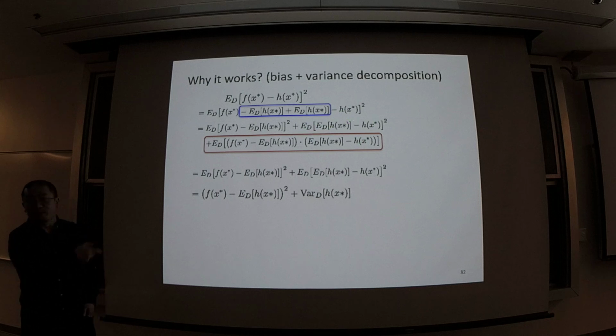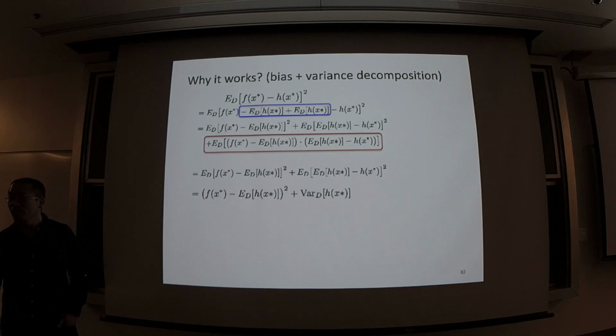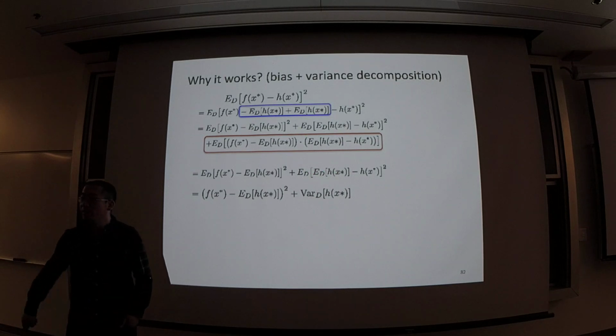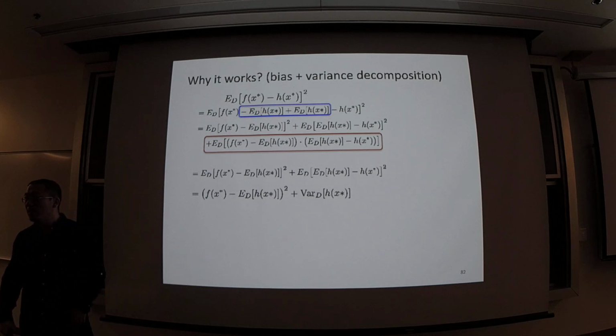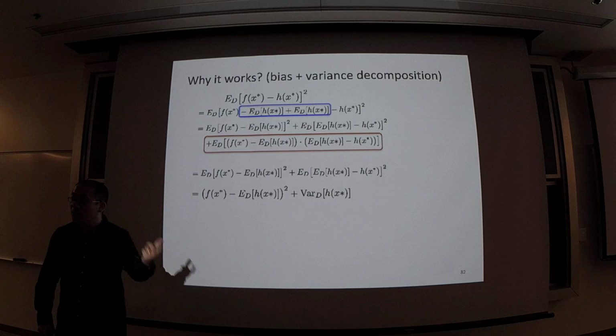And what about the second term? If we move it here, this is the definition of variance. Remember the definition of variance? It's the expectation of the squared difference between the random variable and the random variable's expectation.